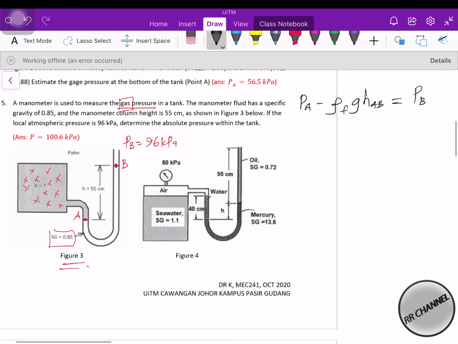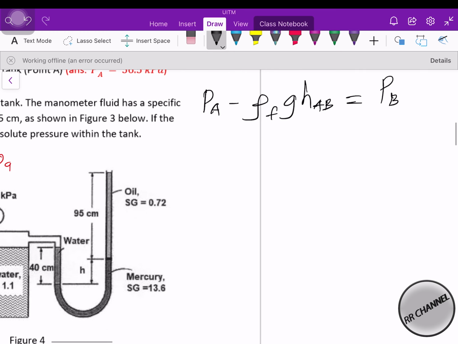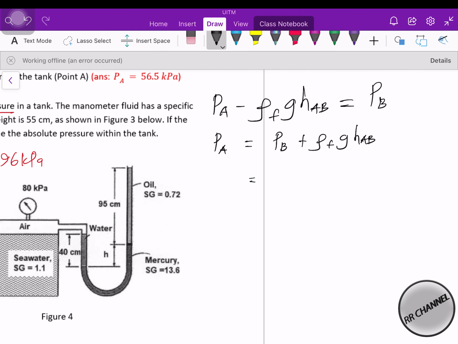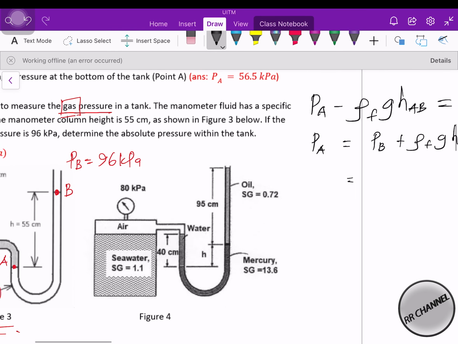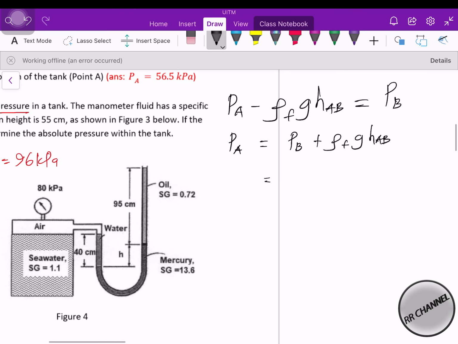In this case we want the pressure at point A. So PA equals PB plus rho F G HAB. We know that the pressure at point B is already given, which is equivalent to atmospheric pressure 96 kPa.